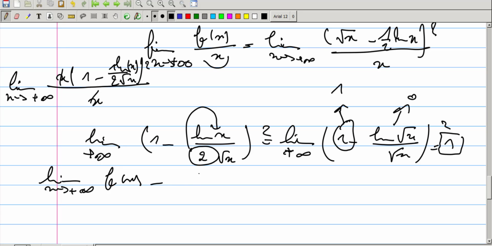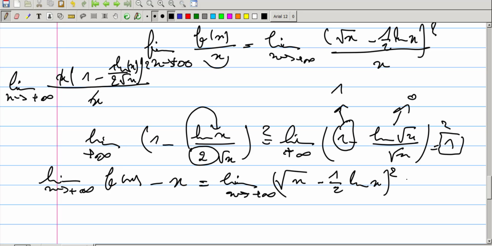So minus x, let's calculate this. The limit as x goes to plus infinity of f of x. What is f? It is the square root of x minus 1 over 2 ln x, the whole squared, minus x.